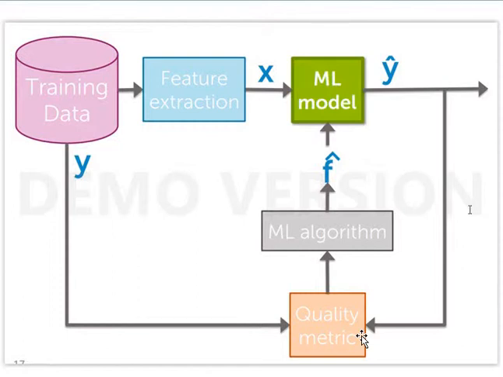Because when unseen data comes, which is only the description of the house and not the price, this model can predict the price of the house, not the exact price, but a very close approximate price.